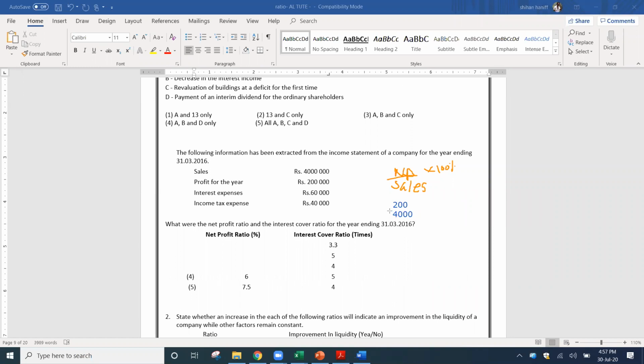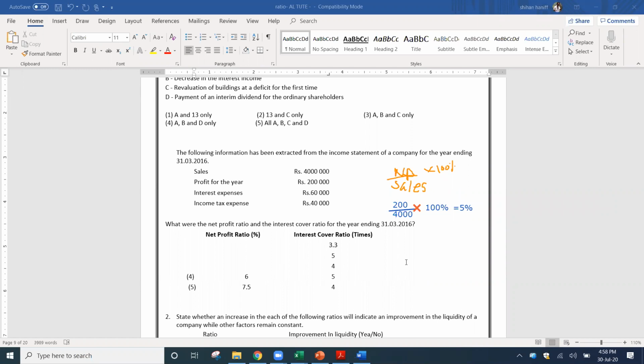Then into 100. And the answer is 200 divided by 4,000 into 100% is 5%. So that is correct. Most of you have given the correct answer for net profit ratio.